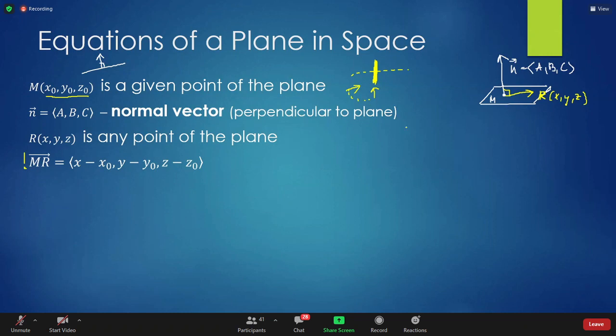It doesn't matter in which direction in the plane. Of course, it's in the plane. In which direction in the plane the vector MR goes, because n is perpendicular to the whole plane, it must be perpendicular to any vector MR in that plane.